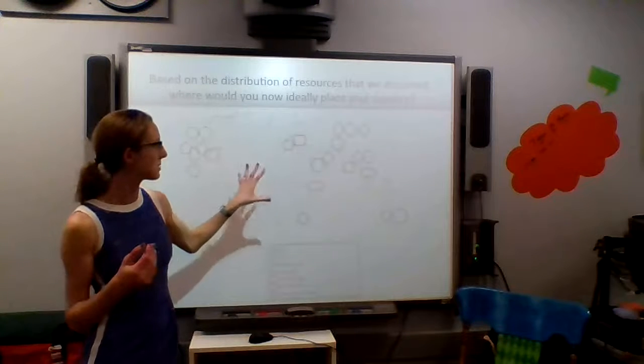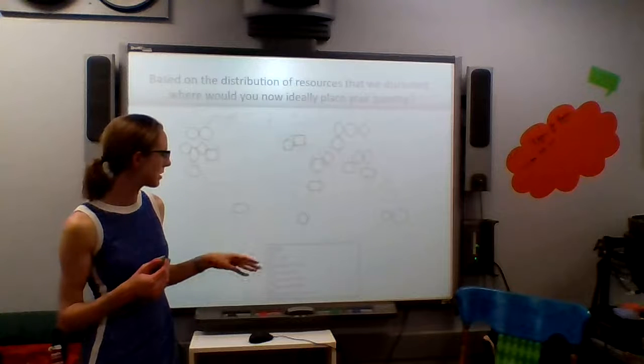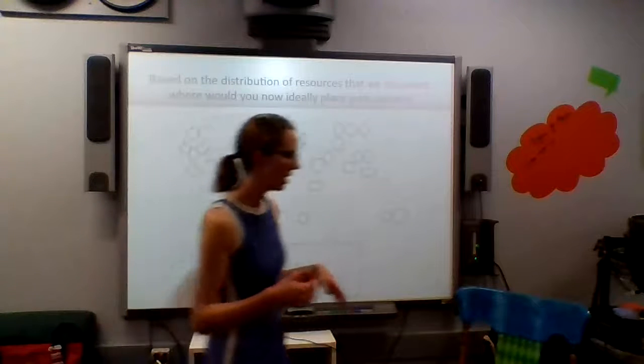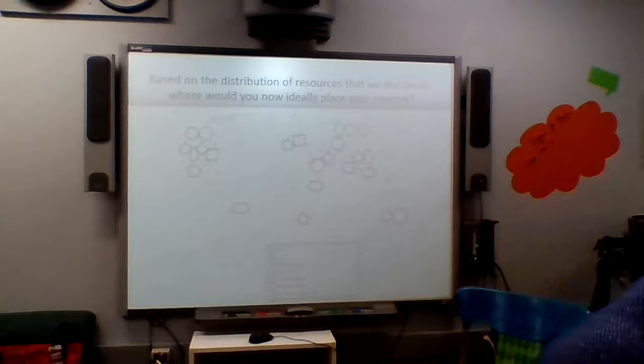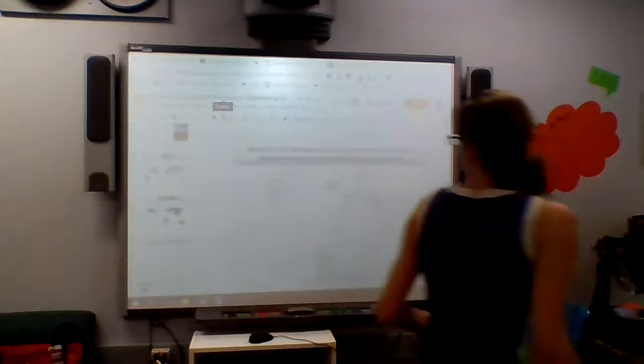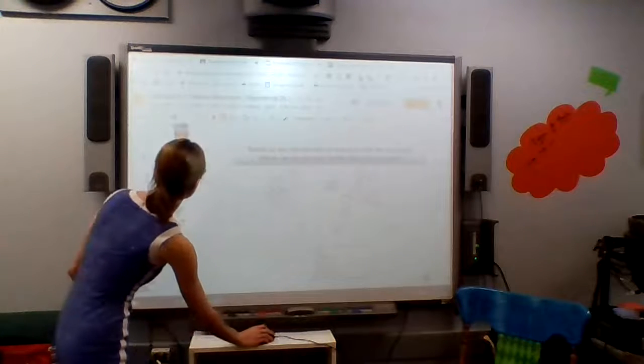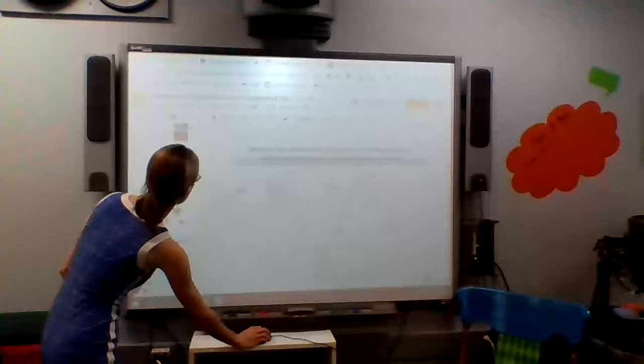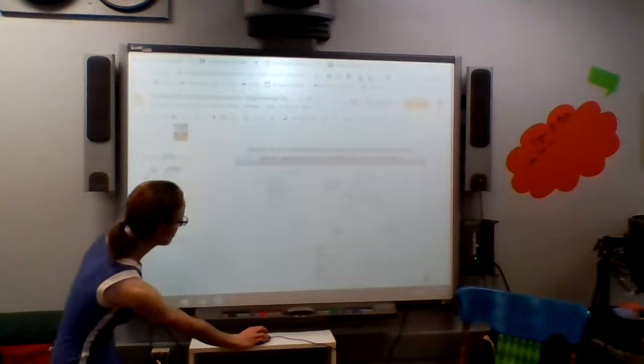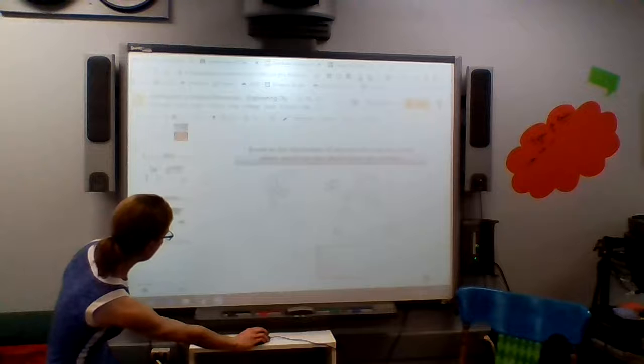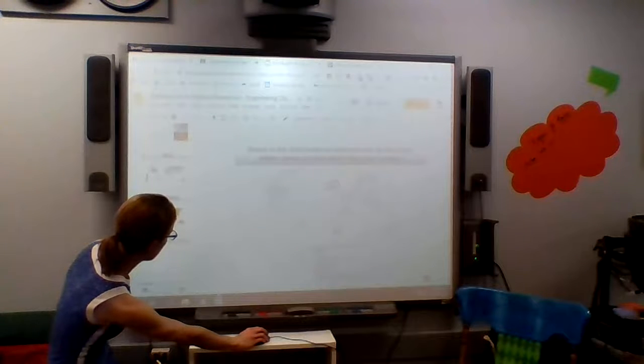Now knowing how natural resources are distributed, I want you to think about and move your little dot. So you're going to once again move your little dot to where you would want your country to be. Your dot should be over here.